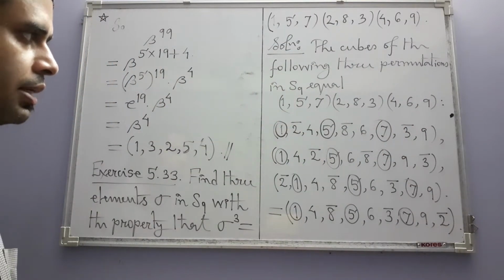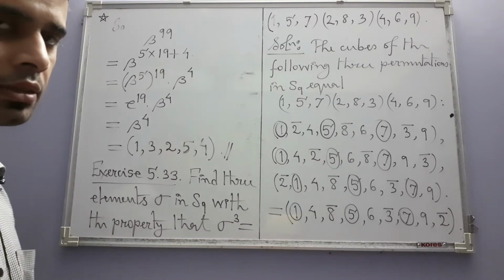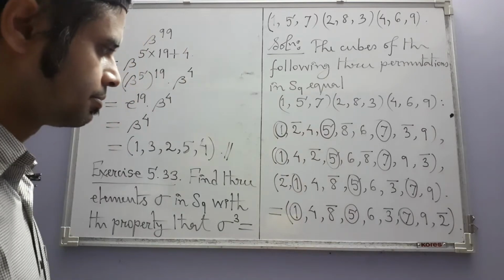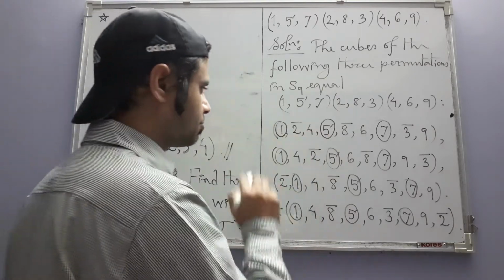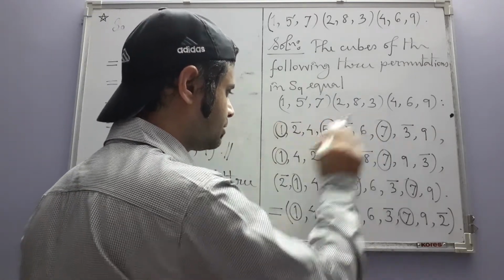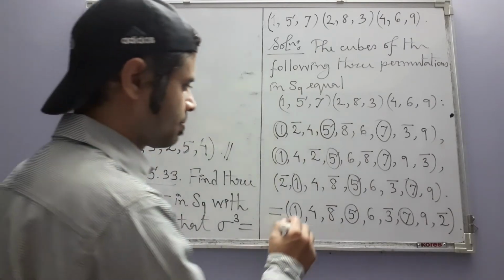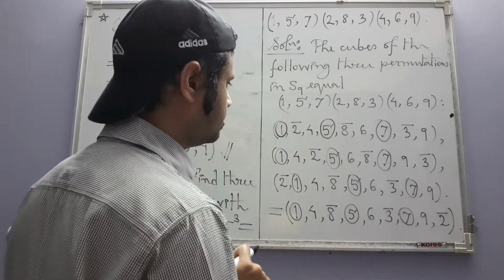Now look at the way the different symbols have appeared in these 9 cycles. You see that the positions of 1, 5 and 7 have not changed actually, and the other things are changing.